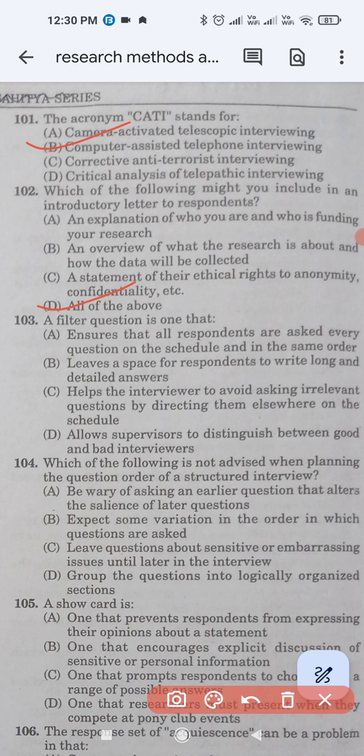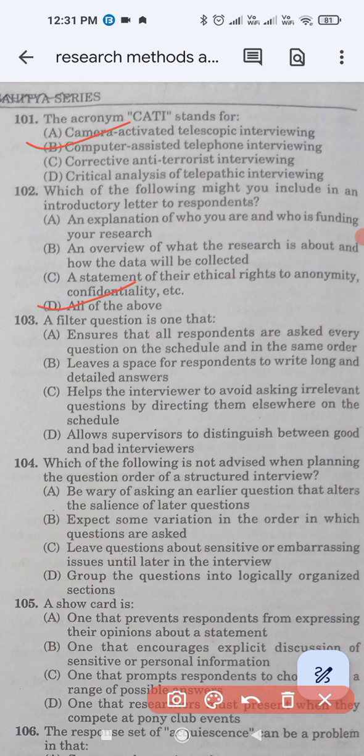Now question number 103. A filter question is one that ensures that all respondents are asked every question on the schedule and in the same order. Option B, leaves a space for respondents to write long and detailed answers. Option C, helps the interviewer to avoid asking irrelevant questions by directing them elsewhere on the schedule.